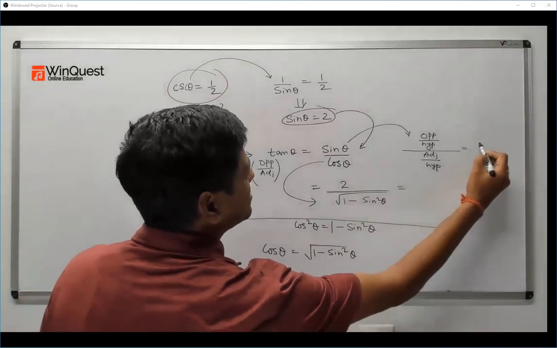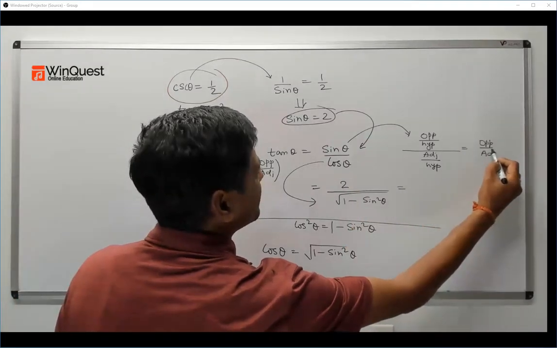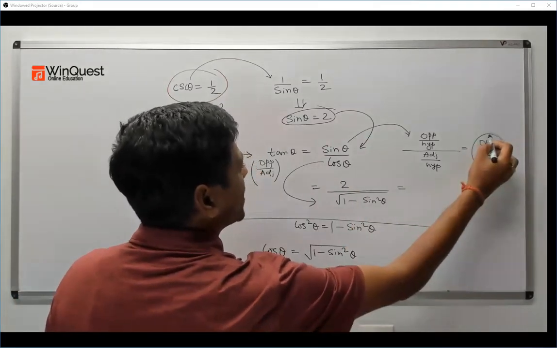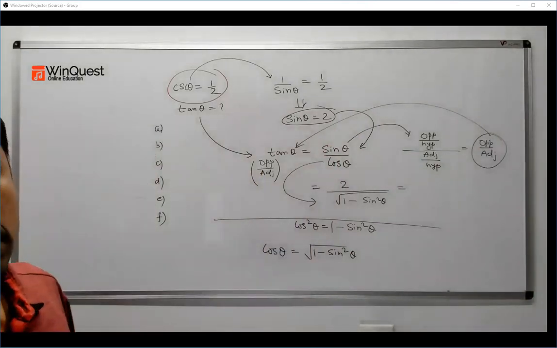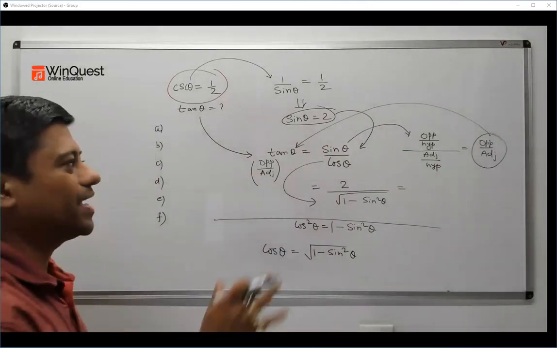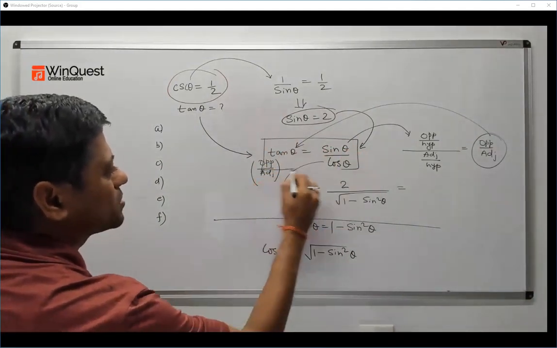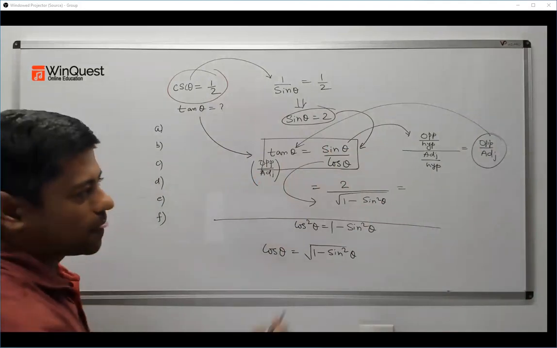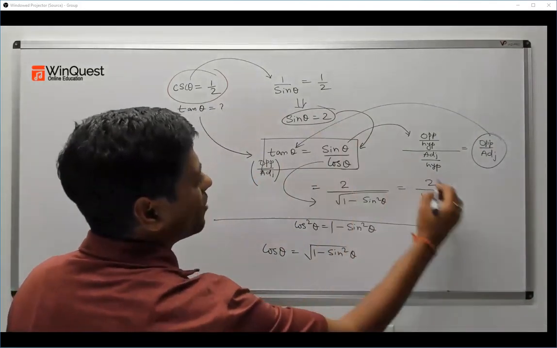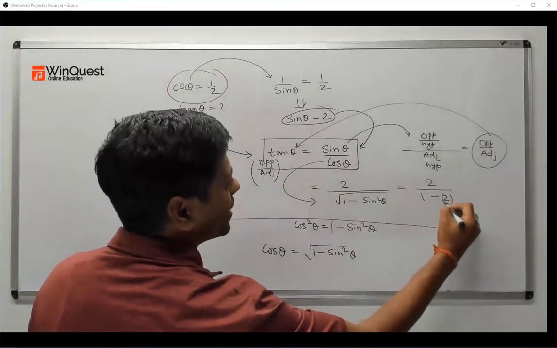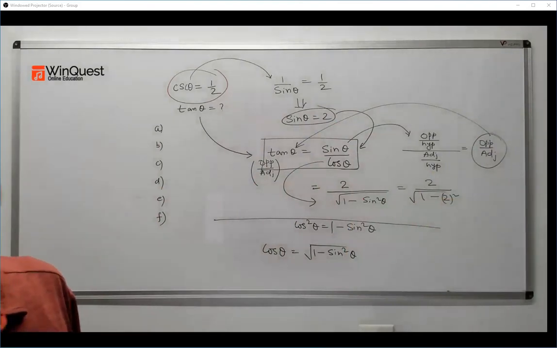When you divide these, it becomes opposite over adjacent, which is nothing but tan theta. So this is actually a formula: tan theta equals sine theta by cos theta. So this becomes 2 by root of 1 minus 2 square. Is it clear? Very, thank you.